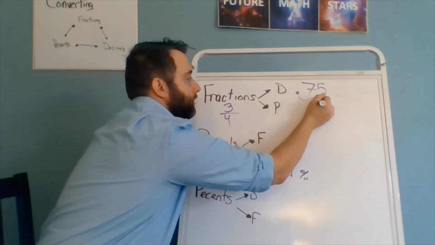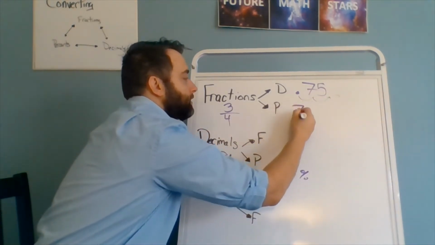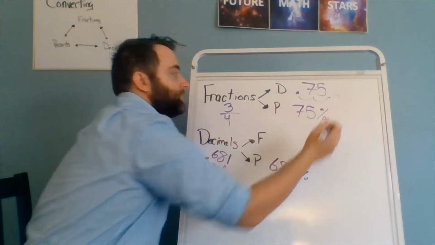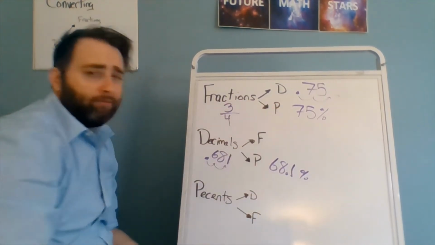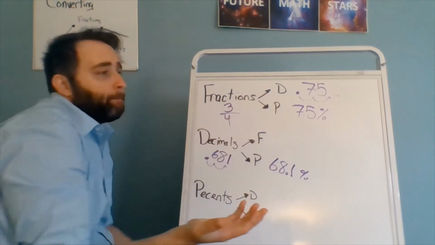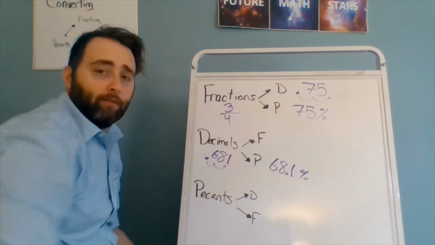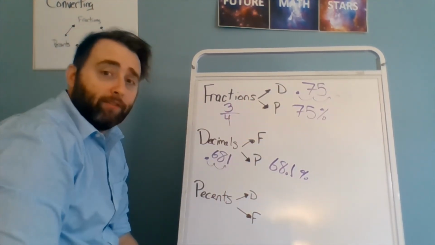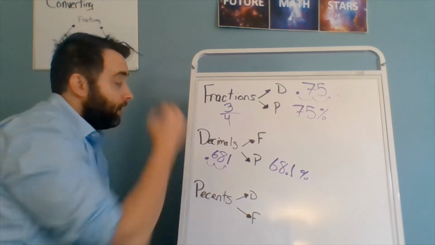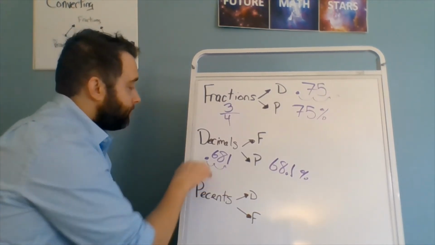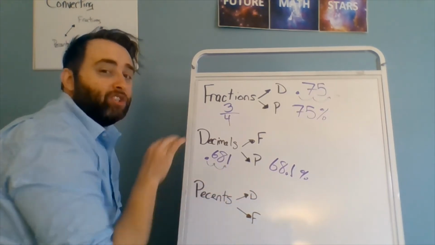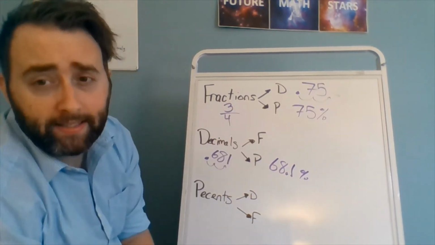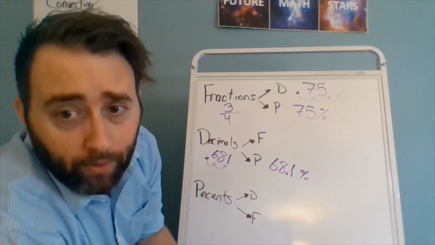Just slide this over 2 times, and I end up with 75%. There you go. Fraction to percent. To go from fraction to percent, you're going to have to go through decimal first, because you're going to divide and then from there slide over. So, we did decimal to percent. Now we're going to deal with the hard part, going into a fraction. Everybody hates it. I know it's complicated, but you can get it.